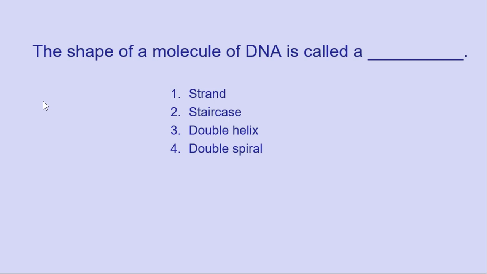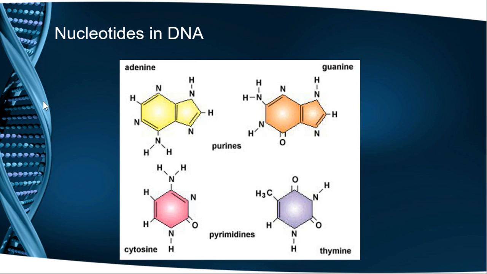And so how does the double helix form? Well, it has to do with the nucleotides. The nucleotides, there are 4 of them. They are adenine, guanine, cytosine, and thymine. And they come in 2 different categories, and you can see this based on their shapes. You have this double ring here, adenine and guanine share that. They are purines.